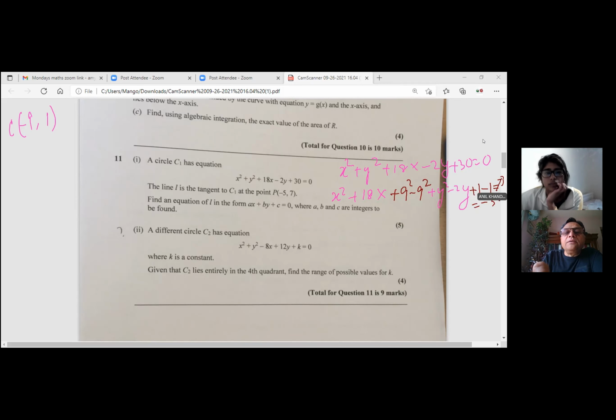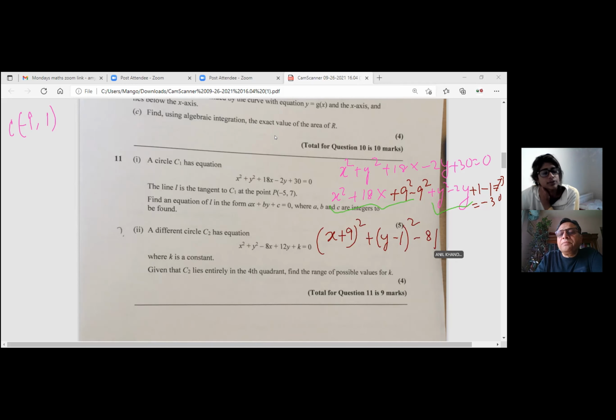Now the first three terms form a perfect square, leaving minus 9 squared, and the other three also form a perfect square. What we get is (x plus 9) whole squared plus (y minus 1) whole squared, left with minus 9 squared, which is minus 81, and minus 1, which has not been used, equals minus 30.